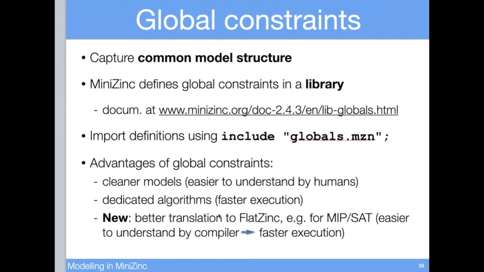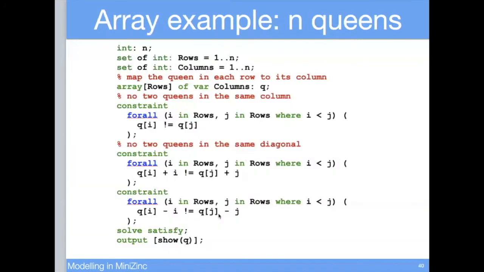And even if you use a solver like a MIP solver, which doesn't have global constraints, you can still get better translation to flat for MIP, right? Because MiniZinc understands what you're trying to say with all different, and it will translate it in a way that's best for the MIP solver or best for the SAT solver. So global constraints are one of the great powers of constraint programming.